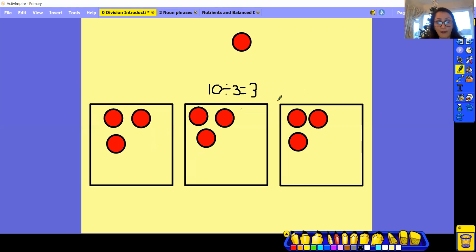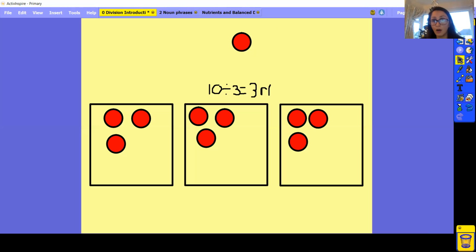So I know I have 3, and we have a remainder 1. We have 1 that is remaining, 1 that cannot go into the groups because the groups will not be equal. So 10 divided by 3 is 3, remainder 1, 1 left over, 1 that cannot go into the groups because it would not make equal groups.